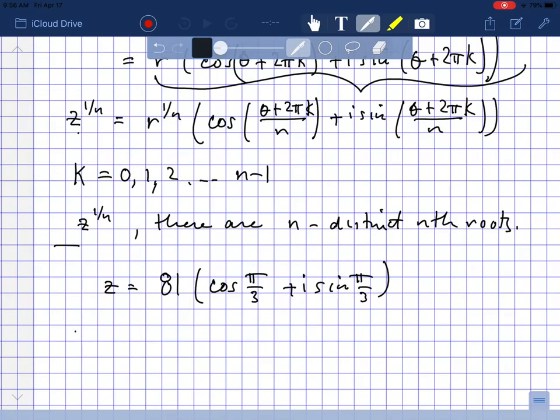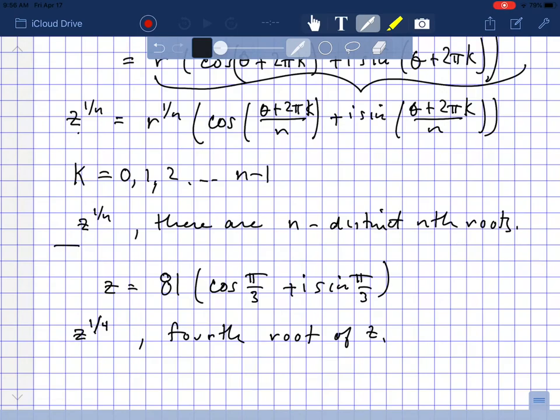And now I'm going to look at the fourth root of z.